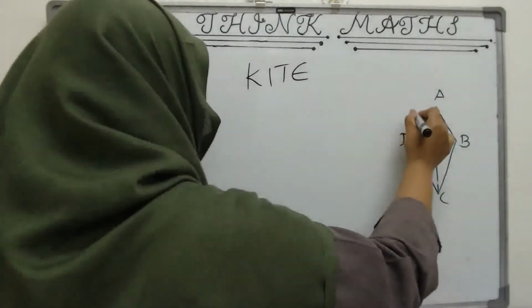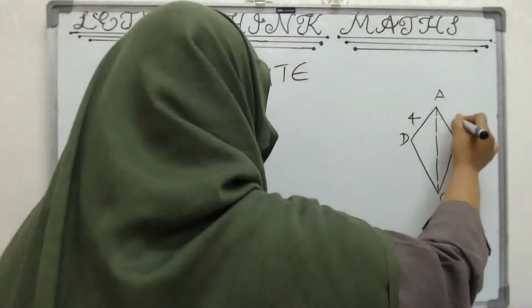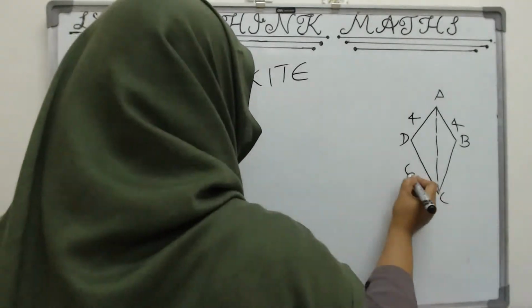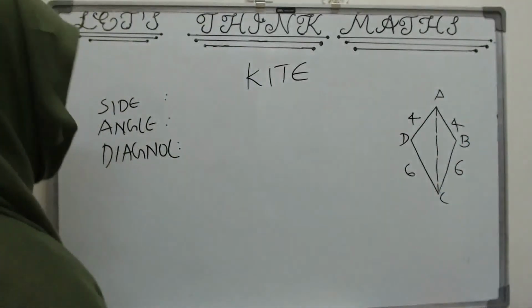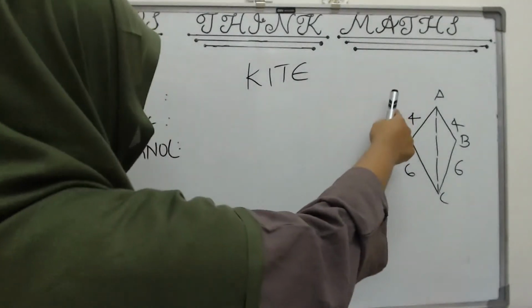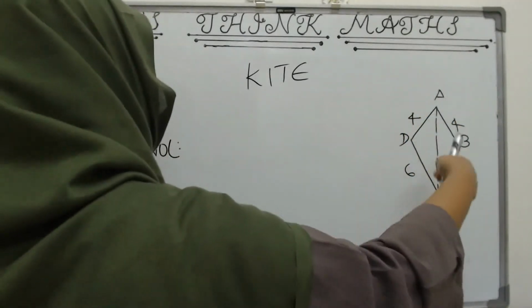That means suppose AD is 4, then AB will also be equal to 4. If DC is 6, BC will also be 6. That means it has one pair of adjacent equal sides and another pair of again adjacent equal sides.